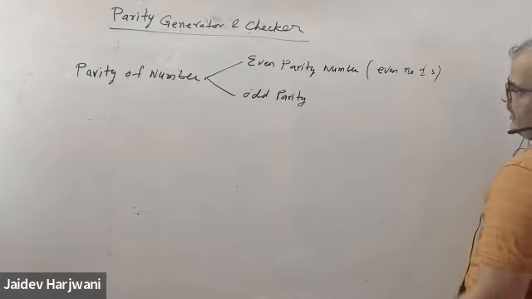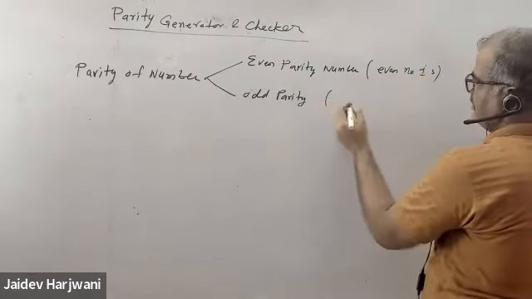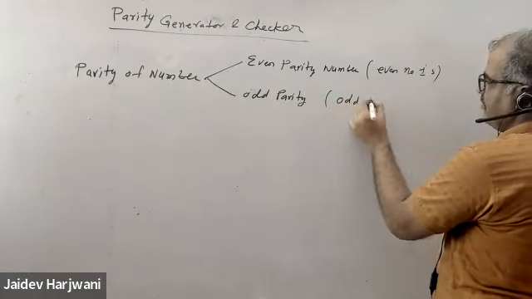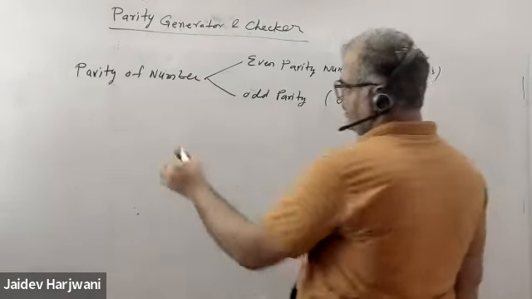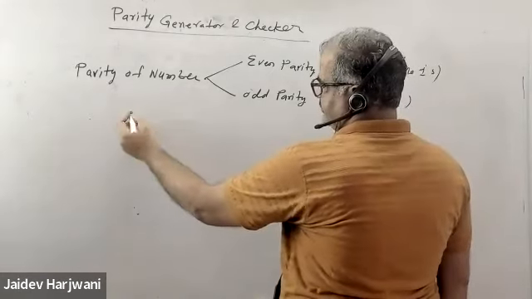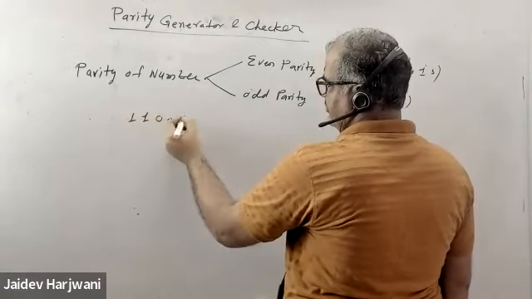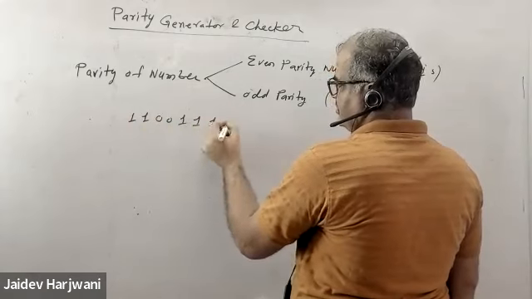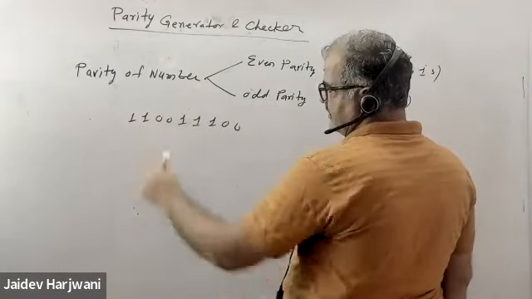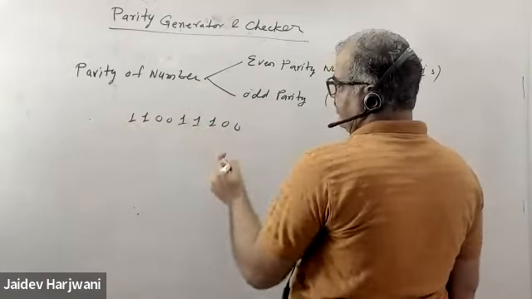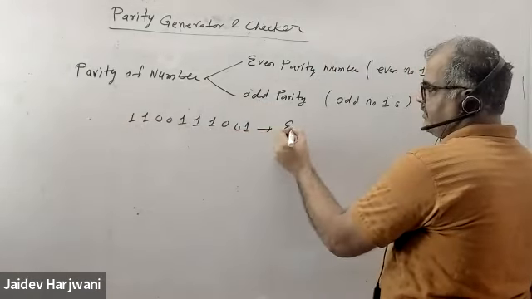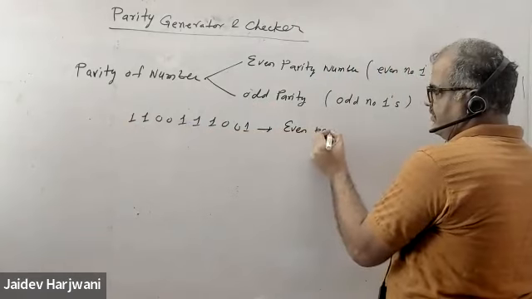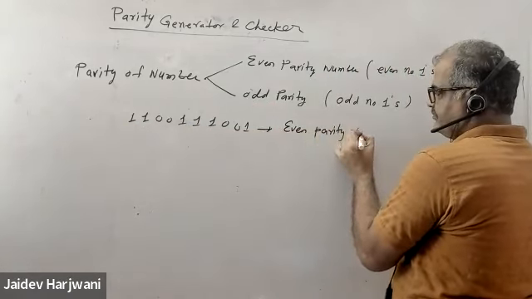Similarly, odd parity means an odd number of ones present. For example, if I say 1 1 1 1 0 0 1 1 1 0 0, it has 1 2 3 4 5 6 ones present. So this is your even parity number.